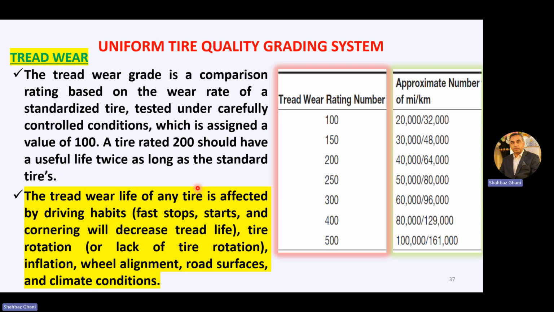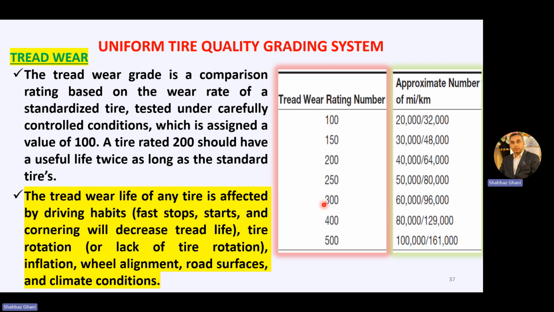So tread wear generally gives you a reference value of how many kilometers your tire can cover without problems, if you are using it in a controlled or appropriate environment. But if your driving habits or braking habits are not good, then this value may change.